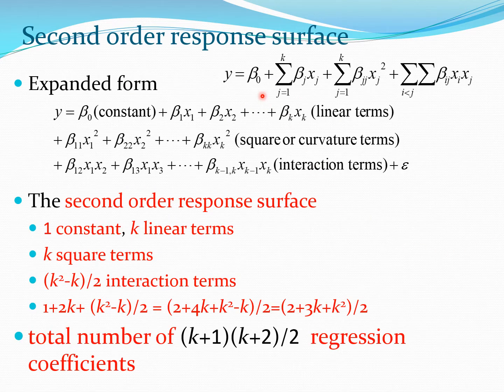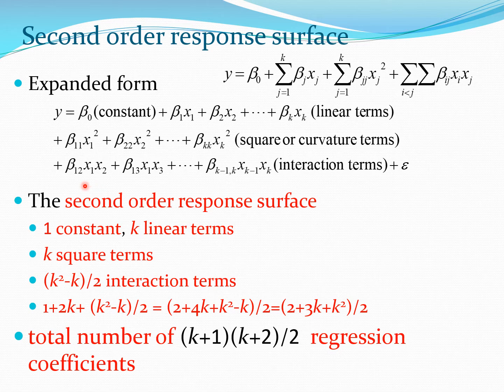So let us expand this out to see what really is inside this second order response surface. Of course there is a constant term beta 0, there are k linear terms here which we have already seen in the linear model. There are also k square or curvature terms, ranging from beta 11 x1 square to beta kk xk square.